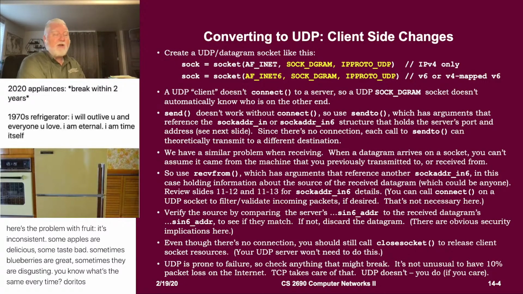And we're not going to go deeply through it, kind of like we did last time. But this just tells you how it should look with IPv4 and v6. A little bit more about connection, what you use, send to, receive from, et cetera.